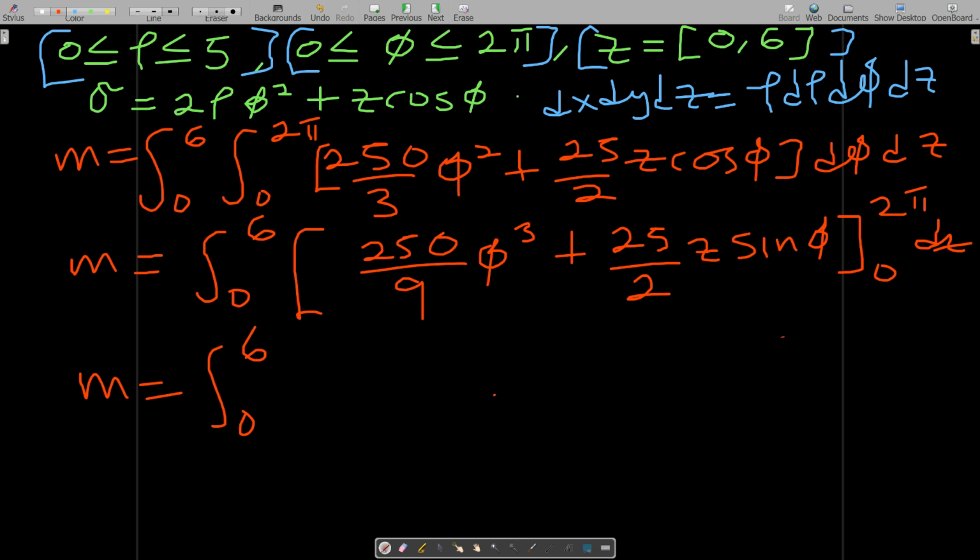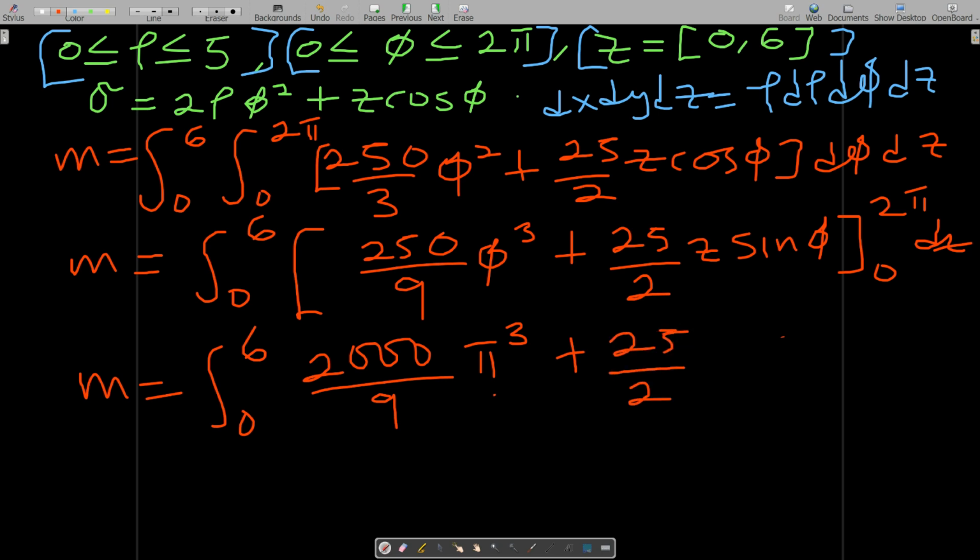So 250 times 8 divided by 9 is 2000 over 9 pi cubed, plus 25 over 2 z, then sine of phi.